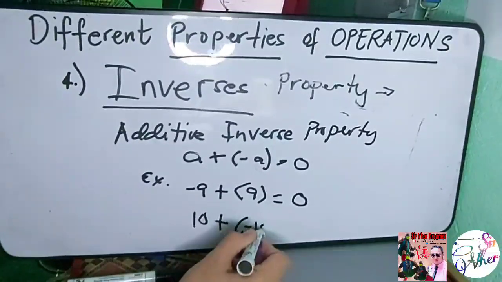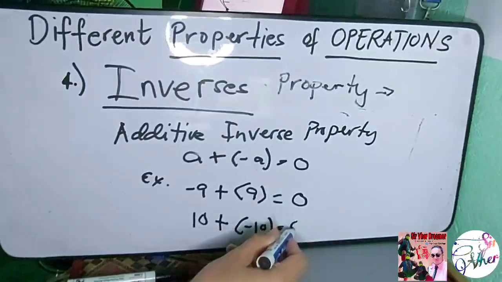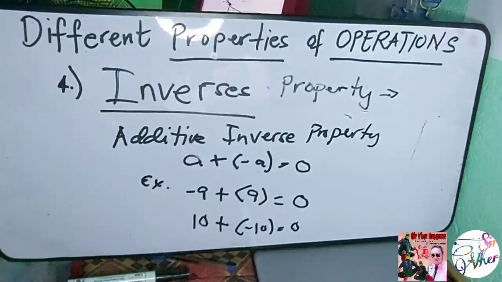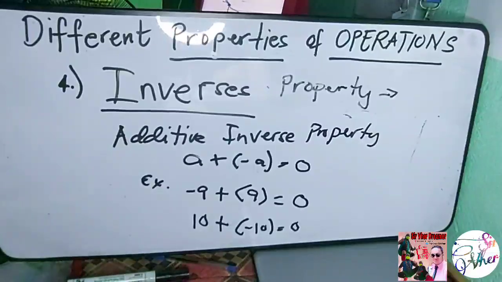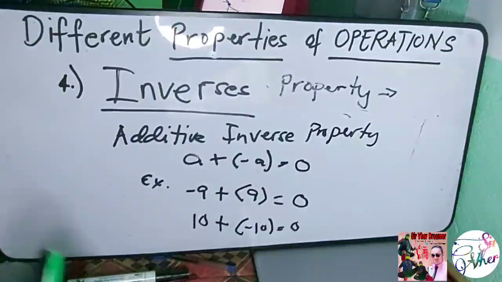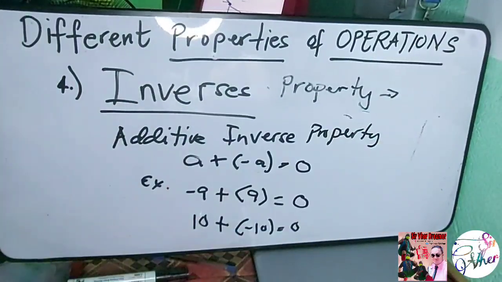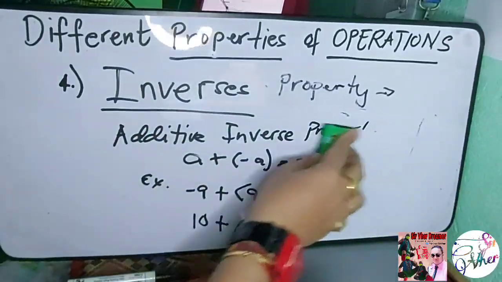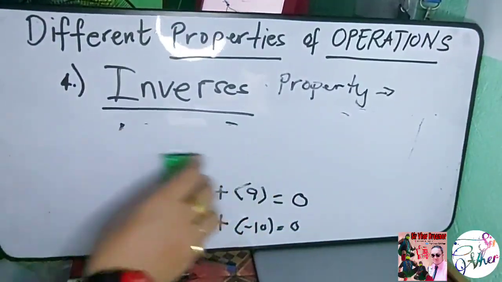Negative 10. So what is the answer? 0. Always the answer is 0. So that is the additive inverse property. The sum of a number and its opposite is always 0.